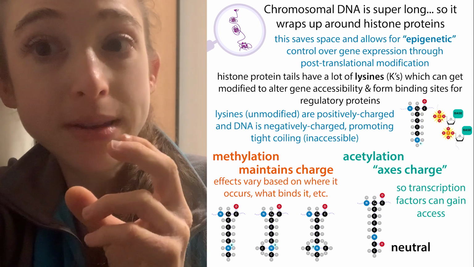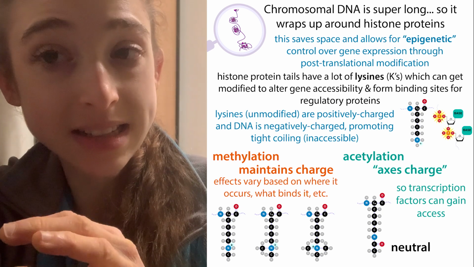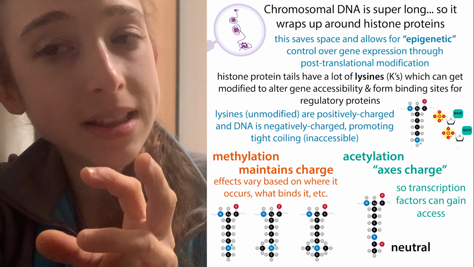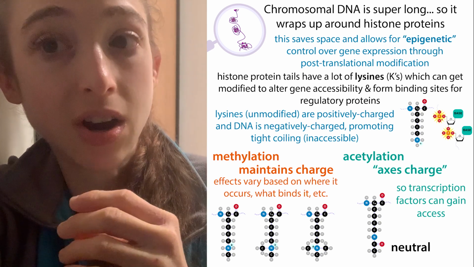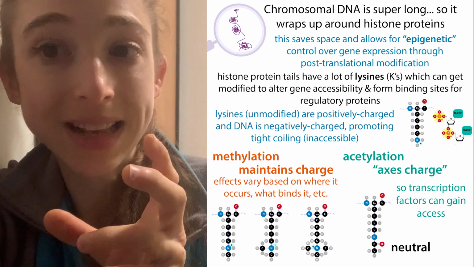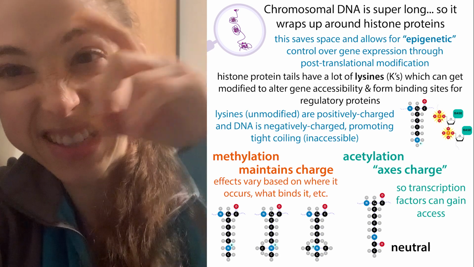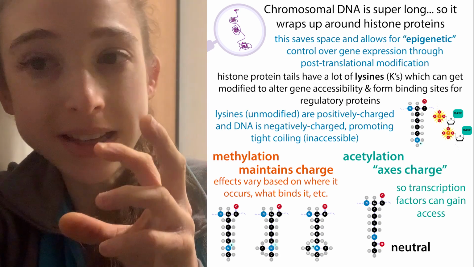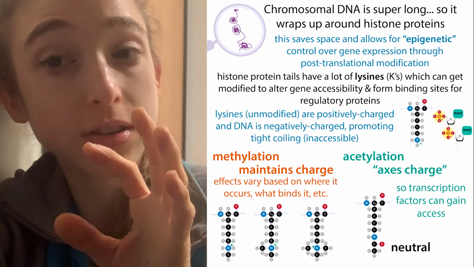And so this can be through acetylation and methylation and things like this. It's not quite this simple, but acetylation often loosens up the histones. They have these tails, which have a bunch of lysines, which are positively charged, and DNA has a negatively charged backbone.